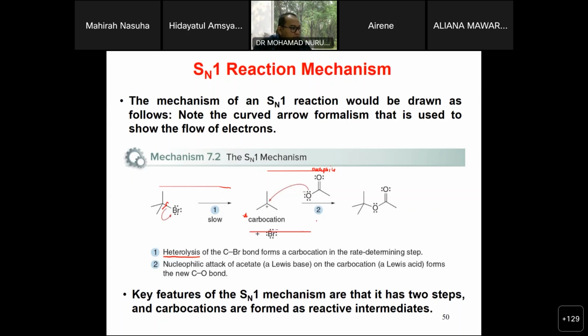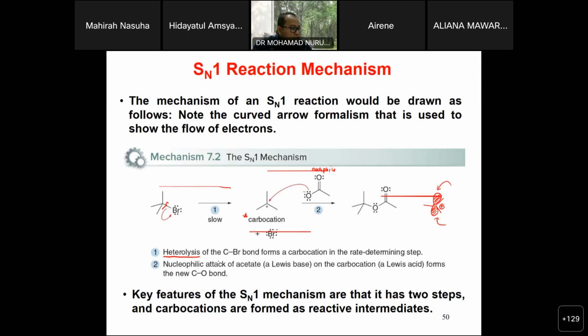If we look clearly, the carbocation is planar, so the planar shape will be like this. You have the empty orbital like this. So the nucleophile has the probability to attack from the top and from the bottom, so it could give different products.